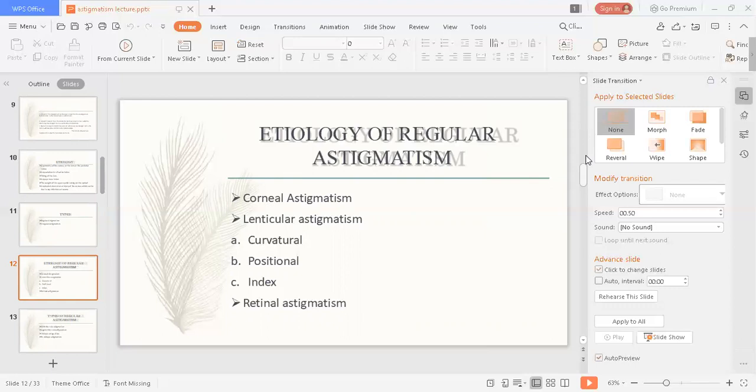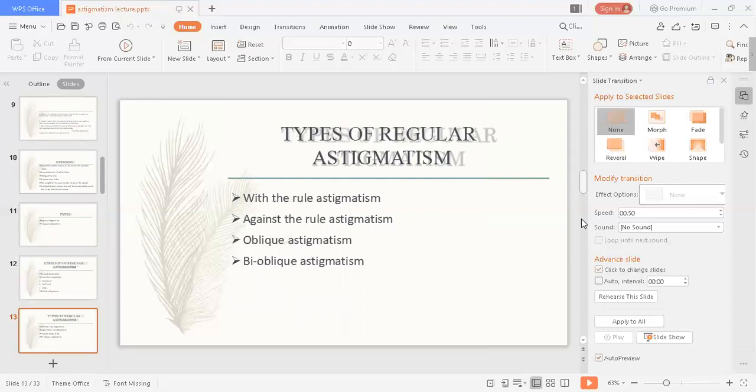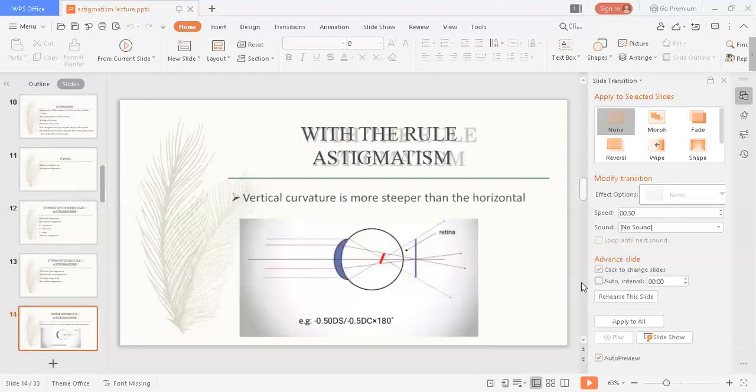Then the lenticular astigmatism, that is the astigmatism induced by the lens, either because of a change in the curvature of the lens, position of the lens, or index of the lens. And there is retinal astigmatism also. So again, the types of regular astigmatism are with the rule astigmatism, against the rule astigmatism, oblique astigmatism, and bioblique astigmatism.